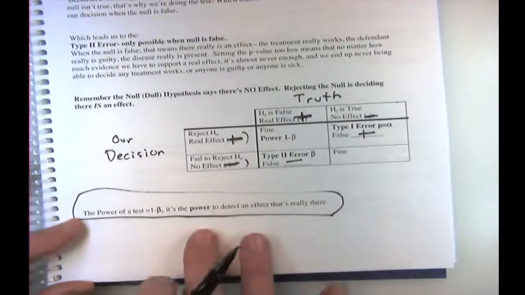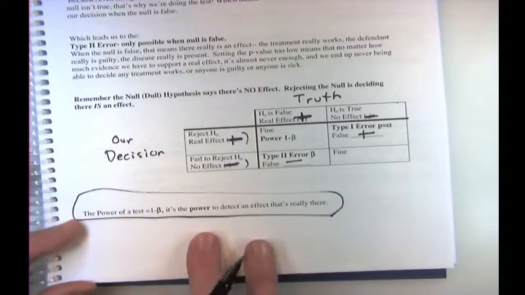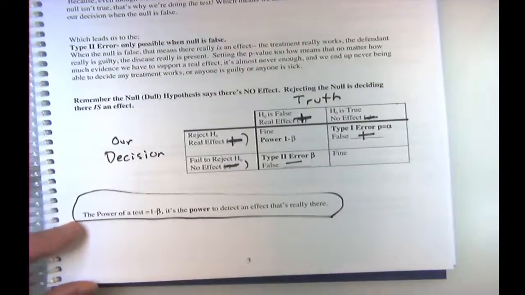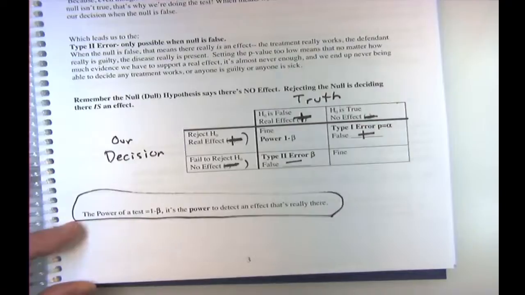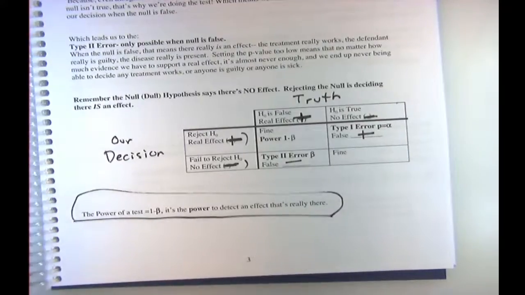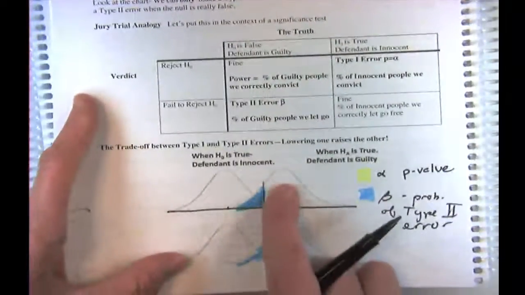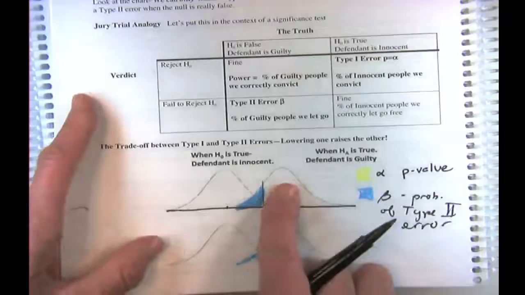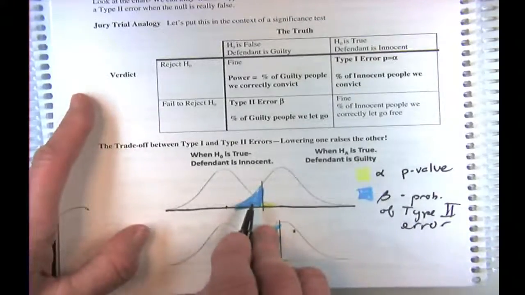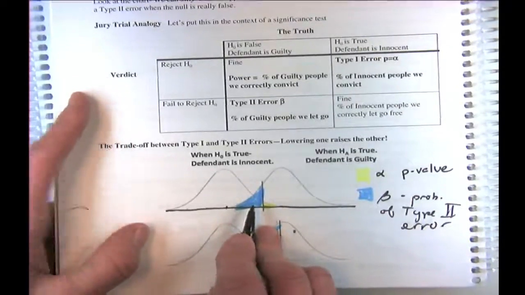People like to have power at least 80%, which would mean type 2 error less than 20%. If the power of a test is bigger than 80%, then the type 2 error has to be less than 20%.